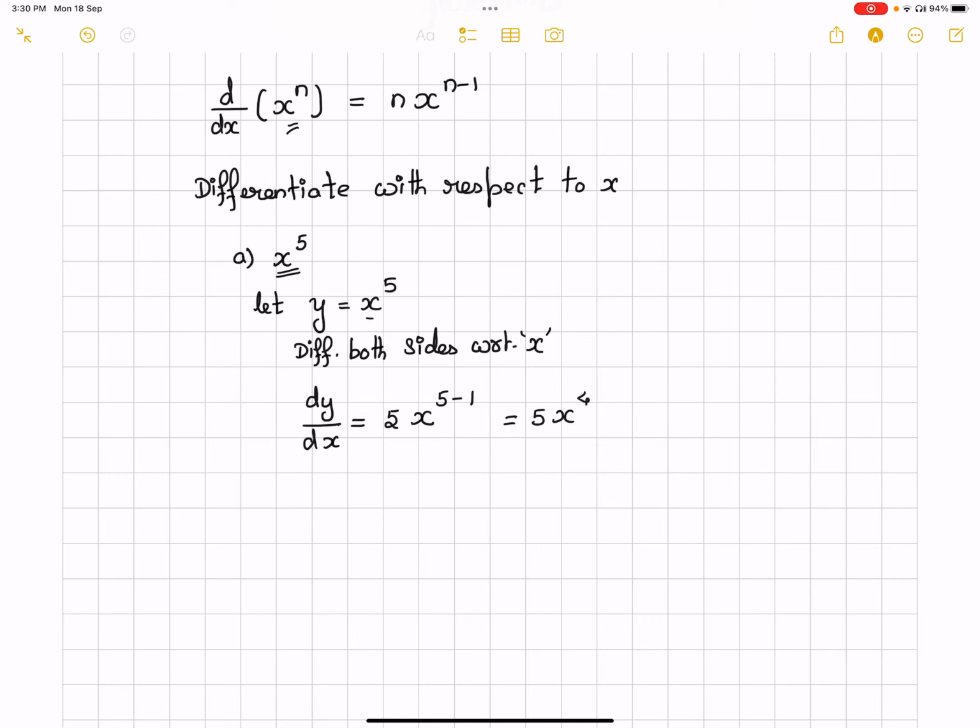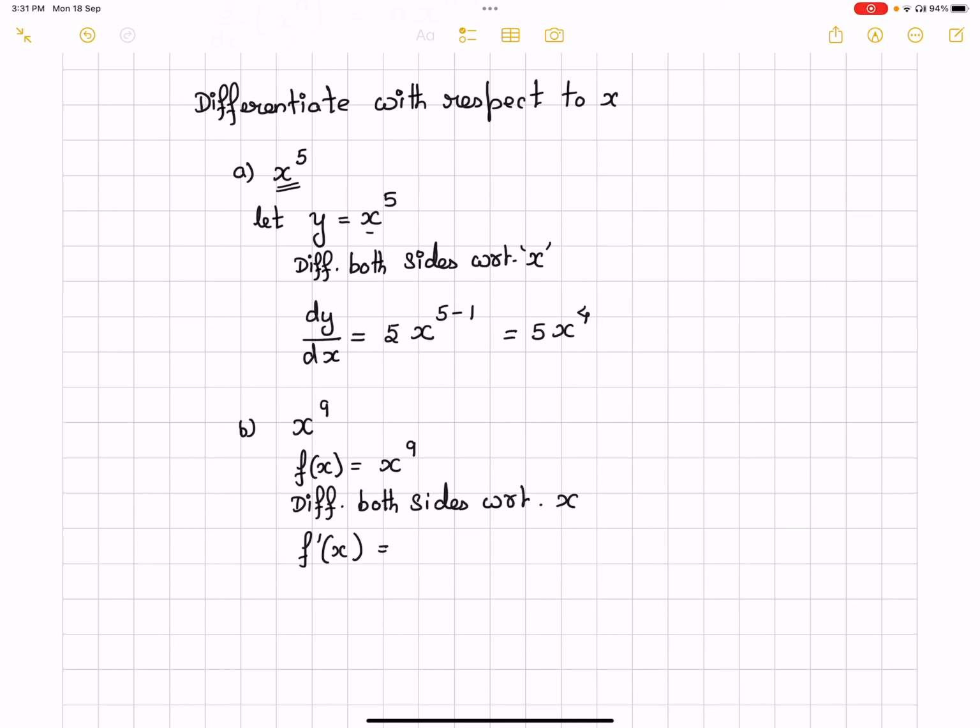And here, as per my formula, x raised to the power n, here n is equal to 9. So n into x raised to the power 9 minus 1, which is 9 into x raised to the power 8, is my f dash of x. Hope you understood.